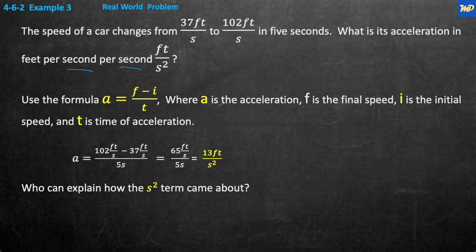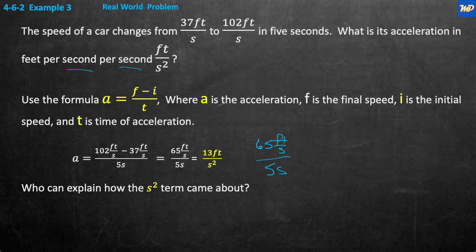Well, what's going on here is this is a division problem, and a division problem says that if you're going to divide with units in the numerator and in the denominator, you can say this is 65 feet per second divided by 5 seconds. But you can divide the numerator into the denominator by inverting and multiplying. So what you can get then is, on the units, we're going to do that.